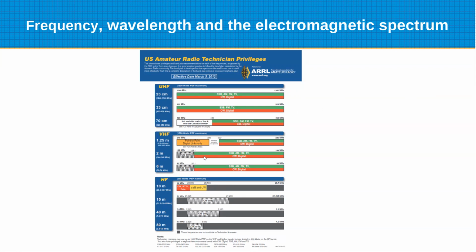For VHF and UHF, it's pretty much the entire bands, except for that 1.25 meter, which I don't know who uses other than, I guess, communications repeaters mostly, isn't it? Back channel.